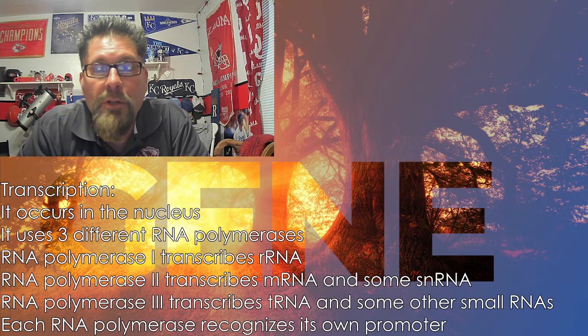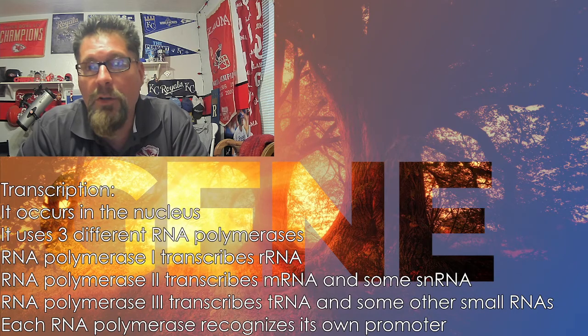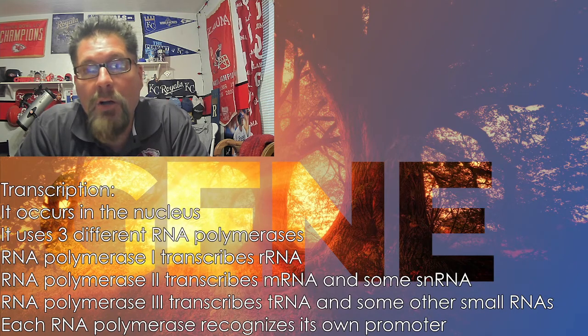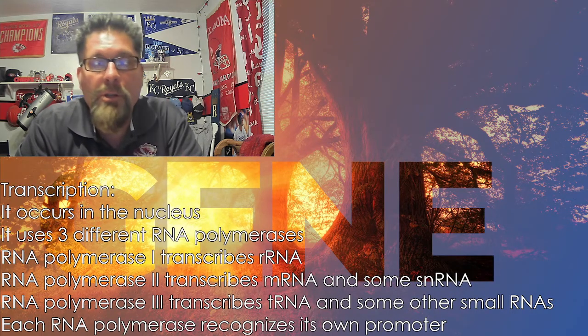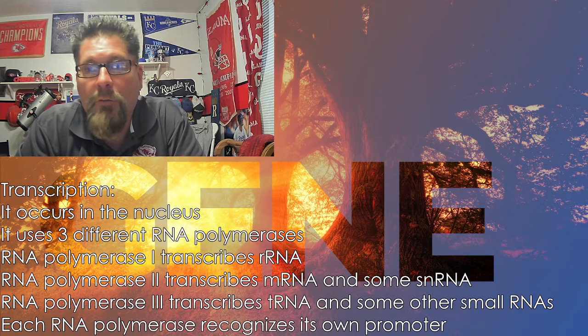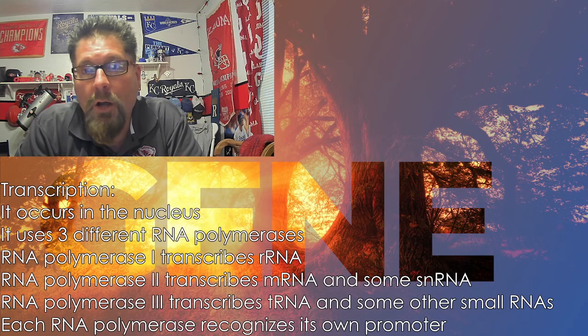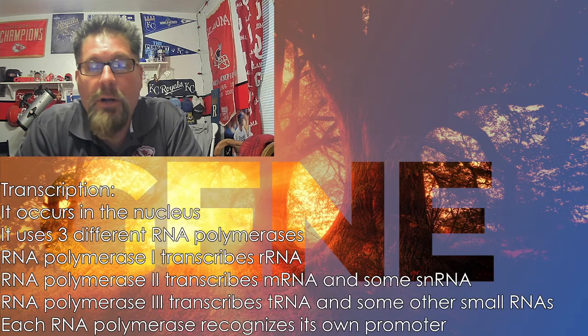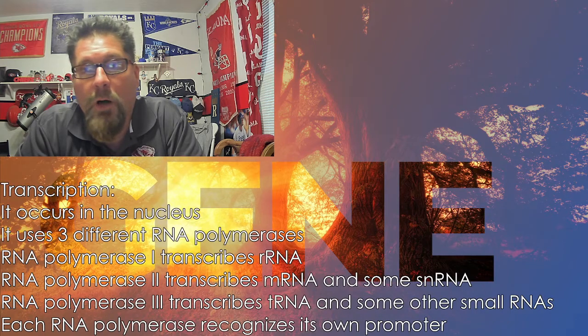Now, a lot of different things help with this process, and based on what type of RNA you're making determines which polymerase is going to be working. If it's your ribosomal RNA, then polymerase 1 is the polymerase that does that job.